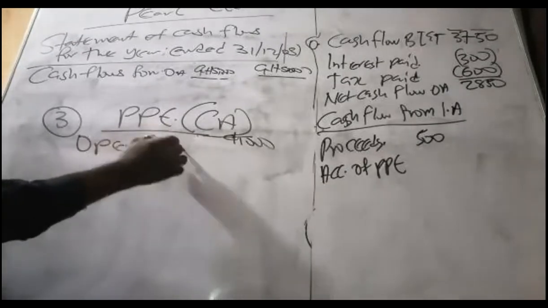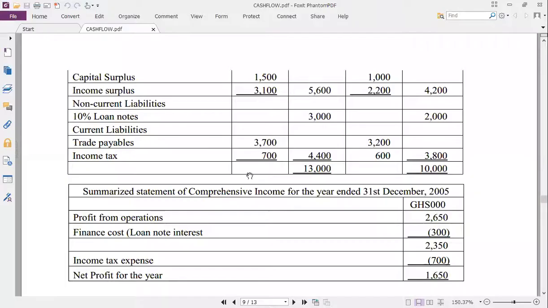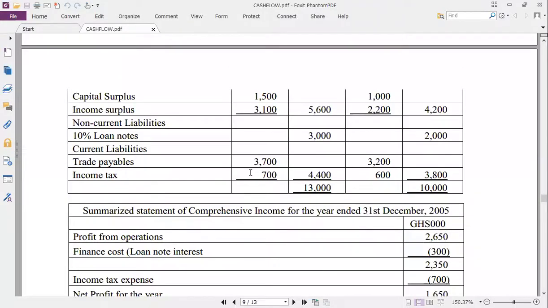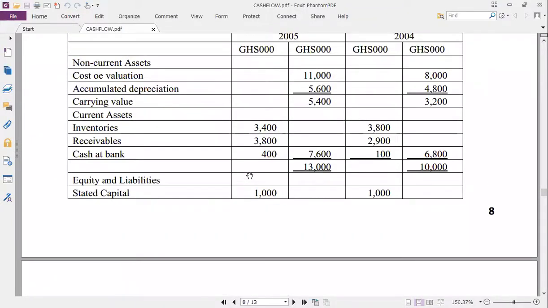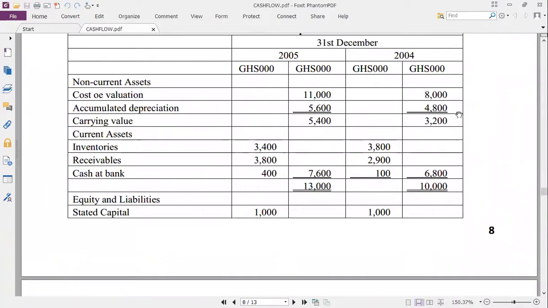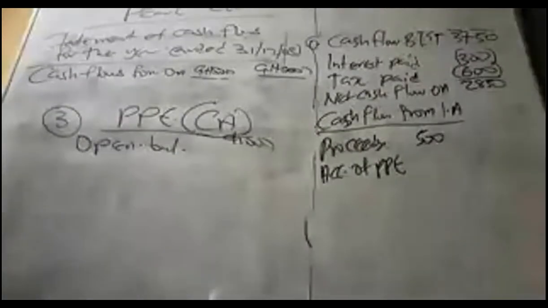So let's go to the question, go and pick it. Okay, so the opening balance of the carrying amount is what? 3,200. So opening balance is 3,200. Perfect. So I record here 3,200. Great.